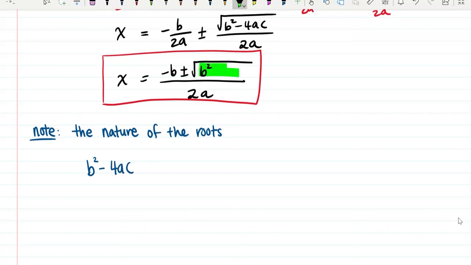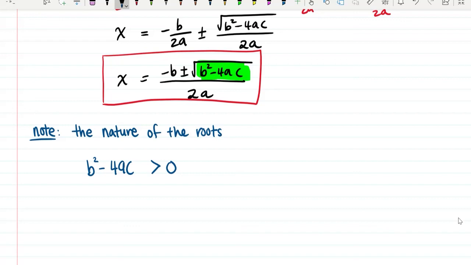So this part will give us what kind of solutions we're going to have in the equation, even before we actually solve the equation. So b squared minus 4ac will tell us the nature of the roots.